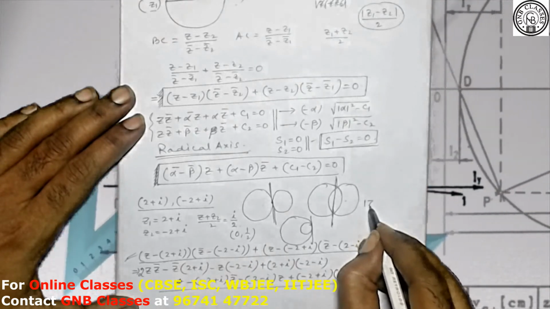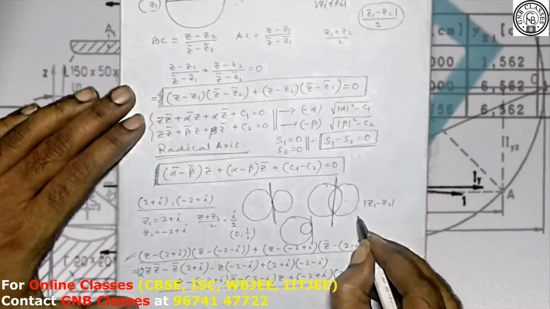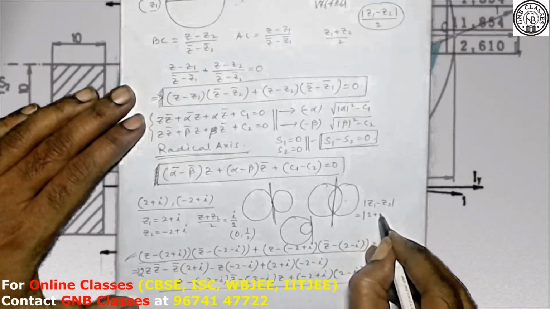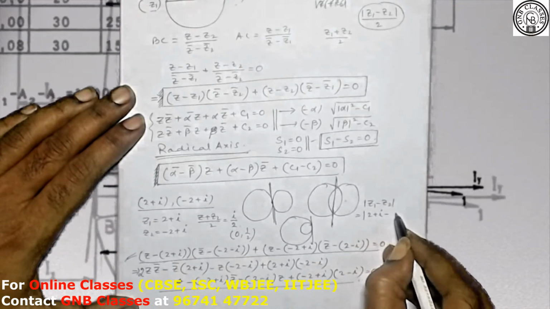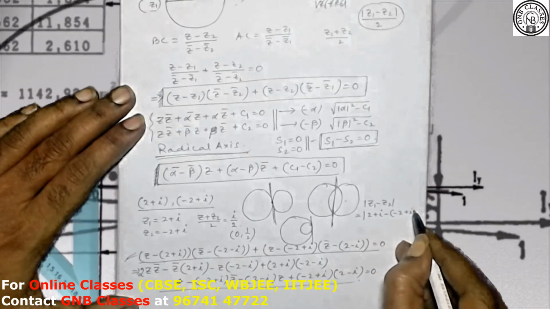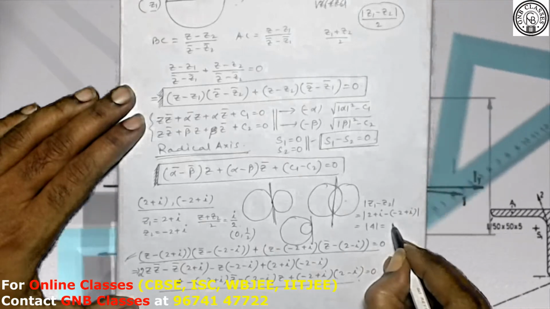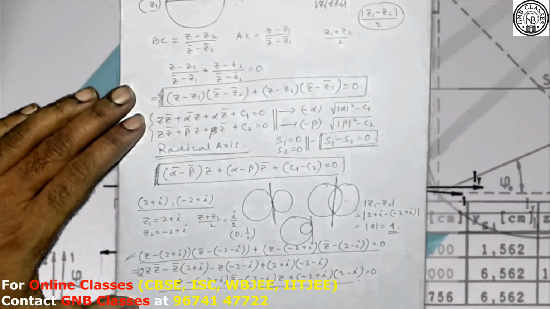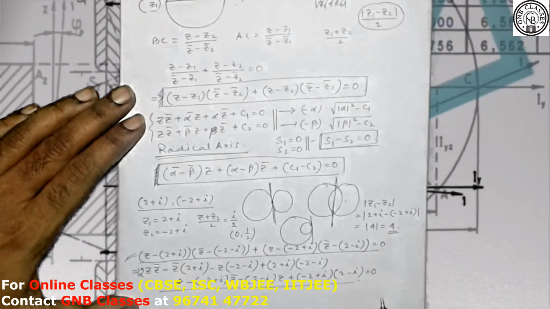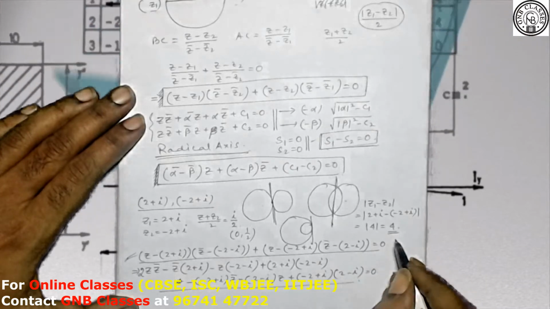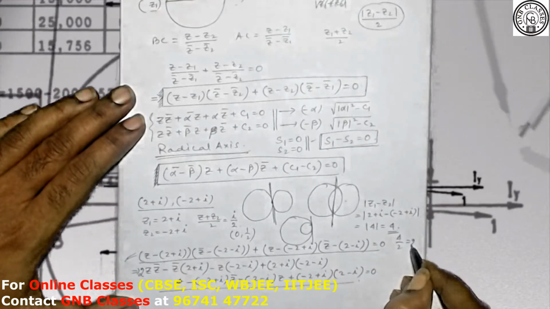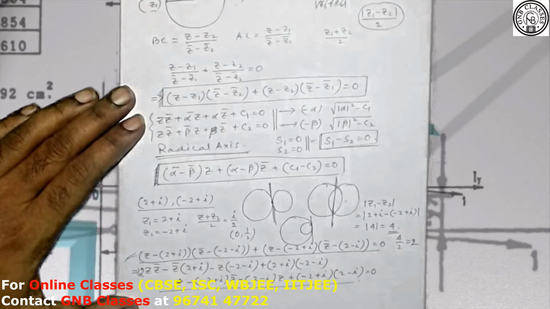The radius will be mod of z1 minus z2, that gives us 2 plus iota minus (minus 2 plus iota). If I open the bracket, we have mod 4, which is 4. So this is the length of the diameter. The length of the radius will be 4 by 2, that is 2 units. Is it clear to all of you?